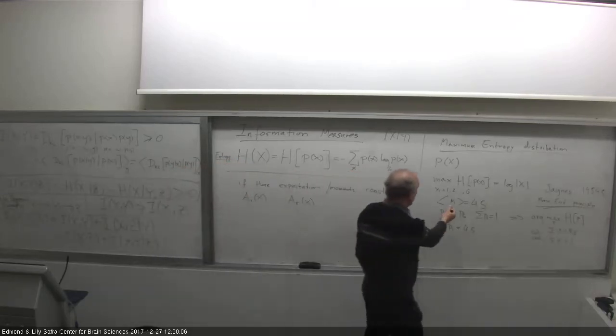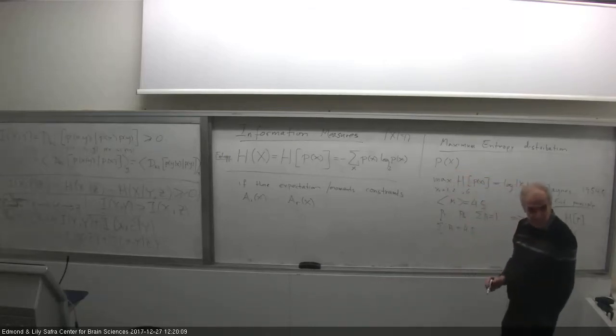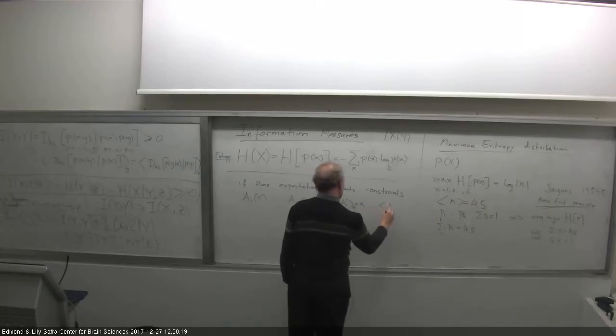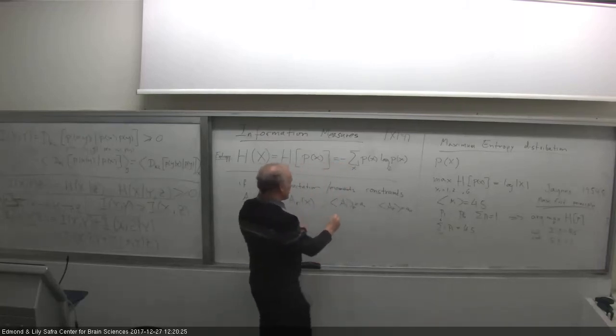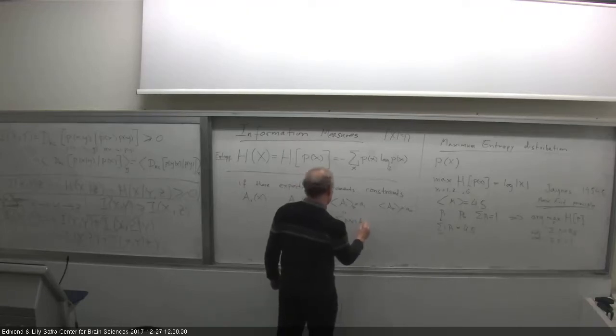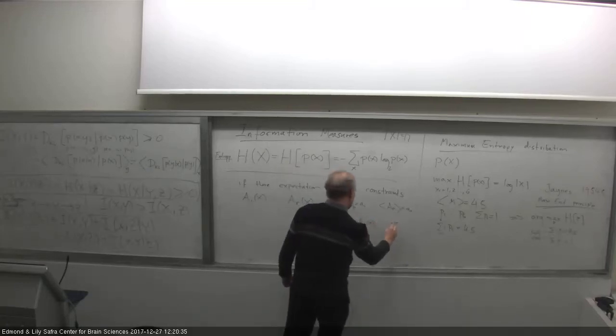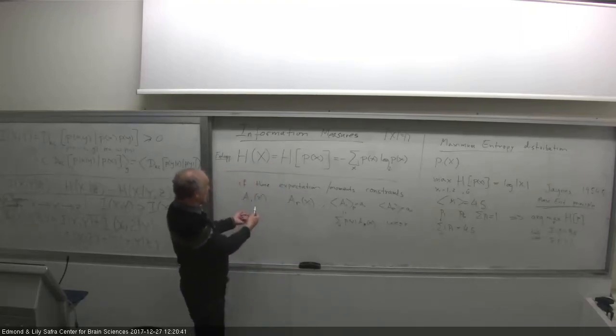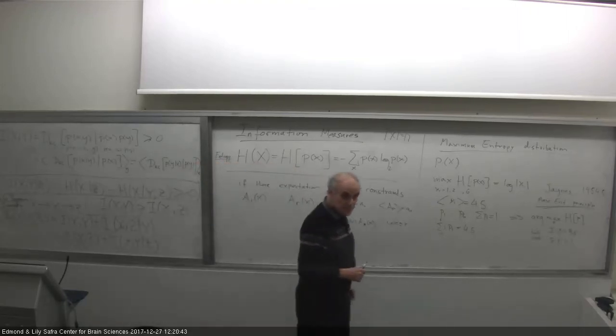In this case, the function was i itself, and I know the expectation. So I know these values: the expectation of a_1 with respect to p is something like alpha_1, up to the expectation of a_r is alpha_r. Each one of these is just the sum over x of p(x) a_k(x), where k can be anything between 1 and r. So I have r constraints, and these are what we call expectation constraints, or moments of the distribution.